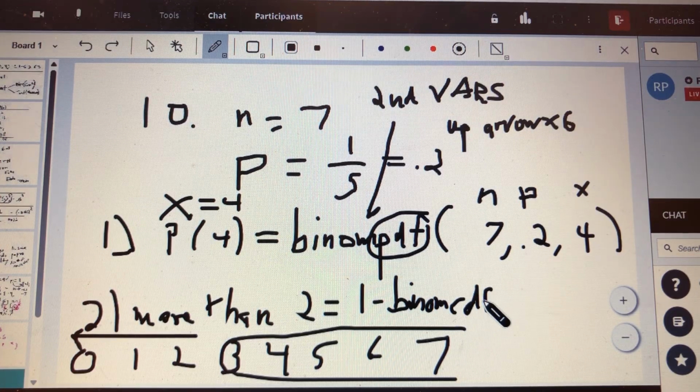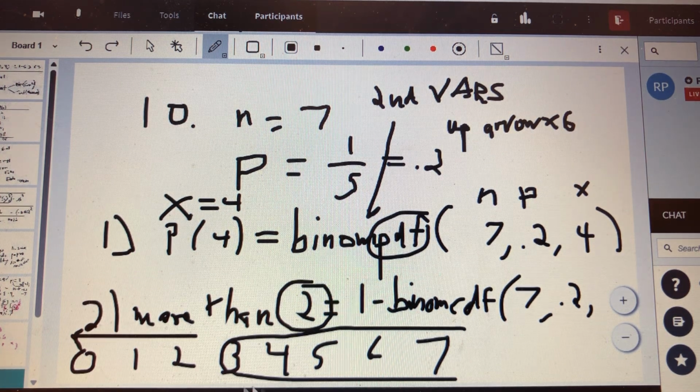C stands for cumulative. And then the good news is you never change the 7 or the 0.2. The last number is sometimes the one in the question, and sometimes it's different than that number by 1. You want to look down here. I'm doing 2 or less, so that's why I put a 2 here.